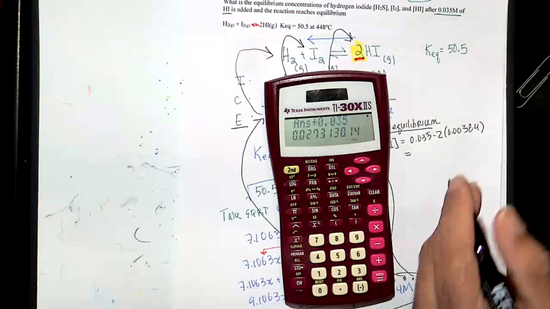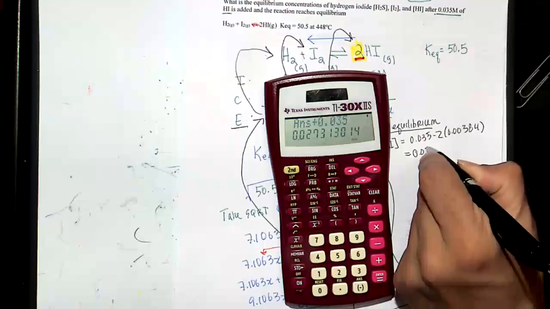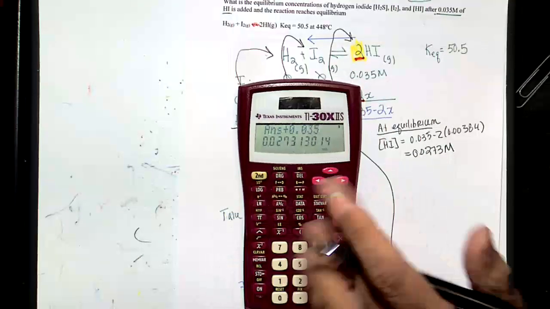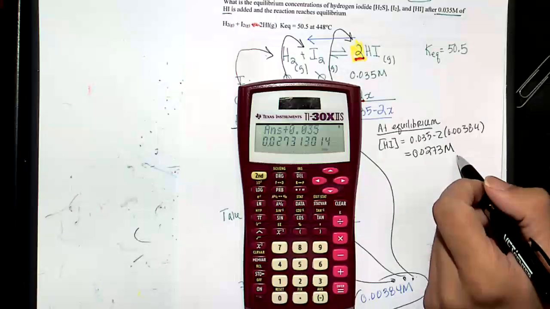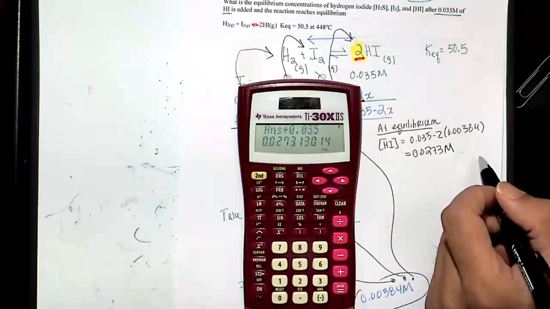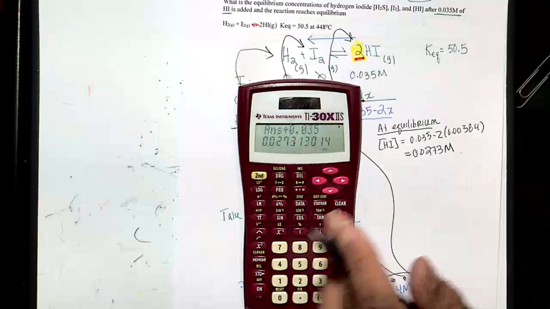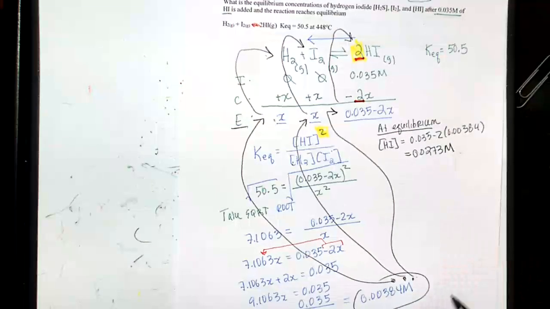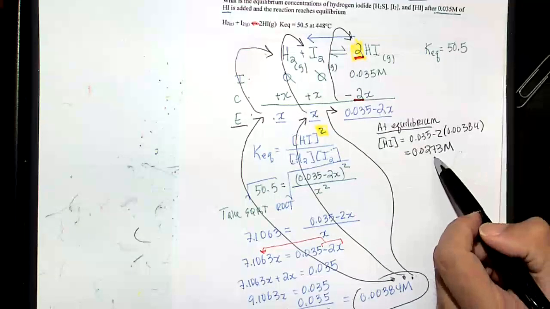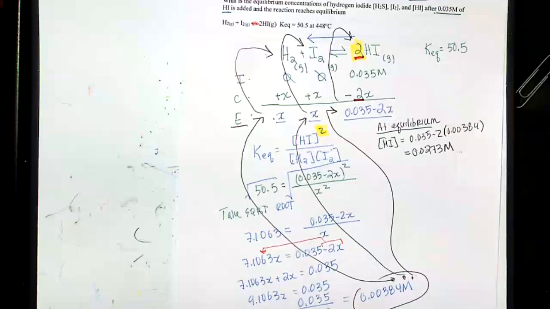I'm getting about 0.0273 M, molar. I'll take off points if you don't have the molar in there, and a lot of students just put it in without the units. So we'll put the units in. And what are those units? Big M, which is moles over liter. So I plugged in x here, 0.035 minus 2 times this is 0.0273.